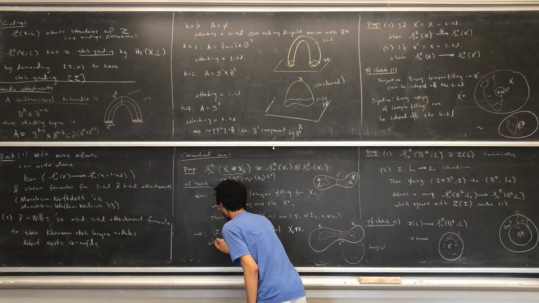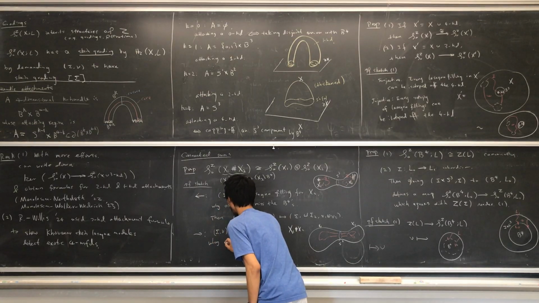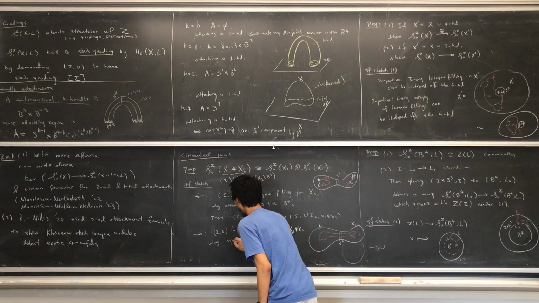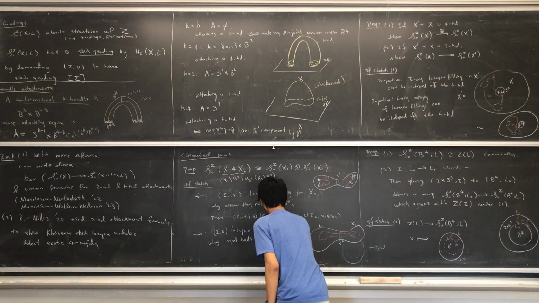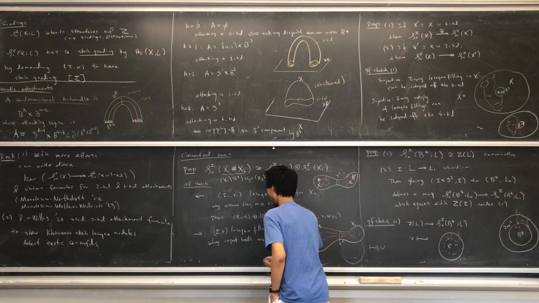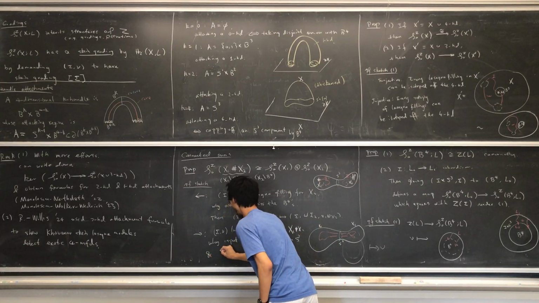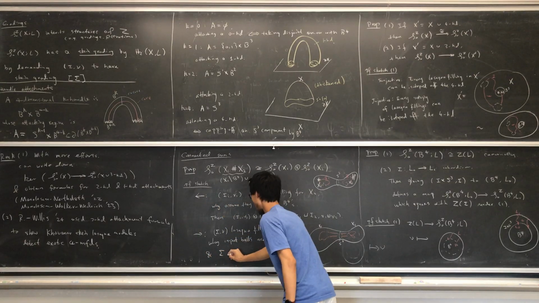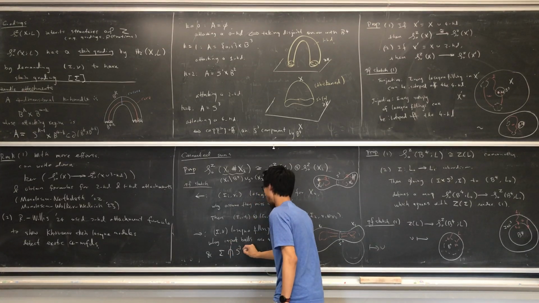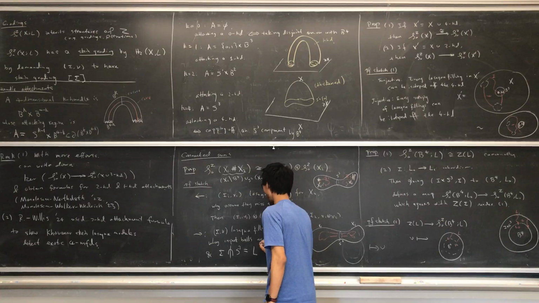Without loss of generality, let's say the input balls are away from this middle three-sphere, and the skein intersects the middle three-sphere transversely in some link L prime.